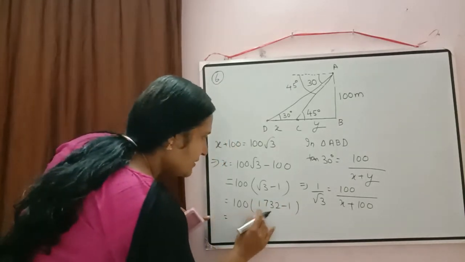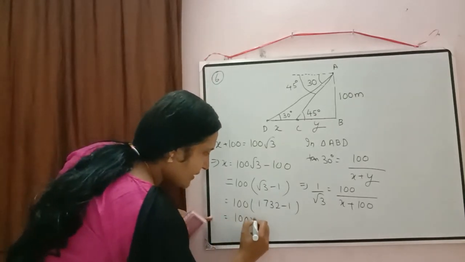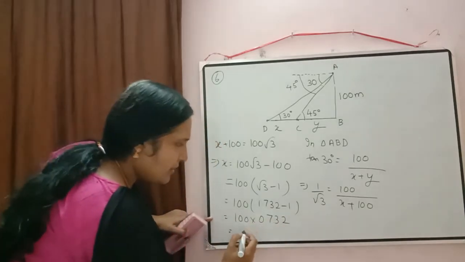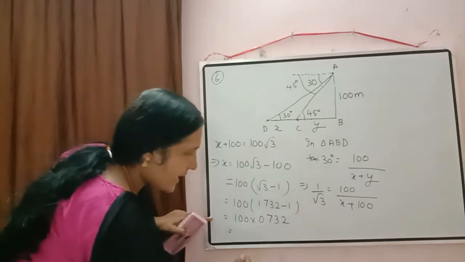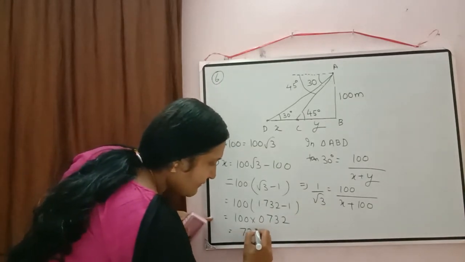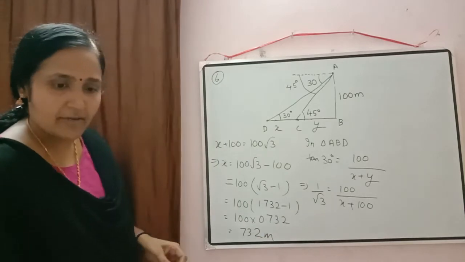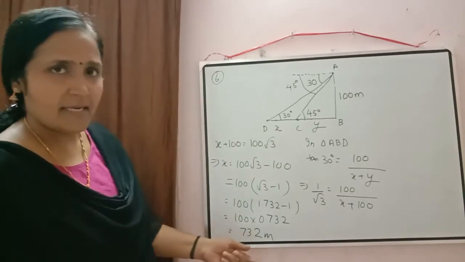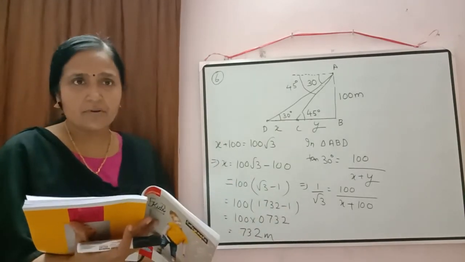So 1.732 minus 1 will be equal to 0.732. Now multiply here. When we multiply, the decimal sign will move two digits towards the right hand side. Then we will get here 73.2 meter. So the distance travelled by the ship during the period of observation is 73.2 meter. So I think this question is clear to you.